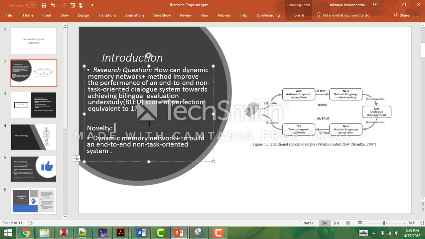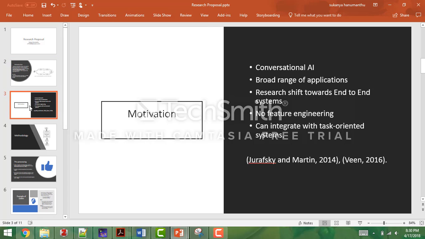This has never been applied to process data and produce natural language generation. We can implement this, which has never been implemented on a non-task oriented system. I'll be explaining more about it in the further slides.